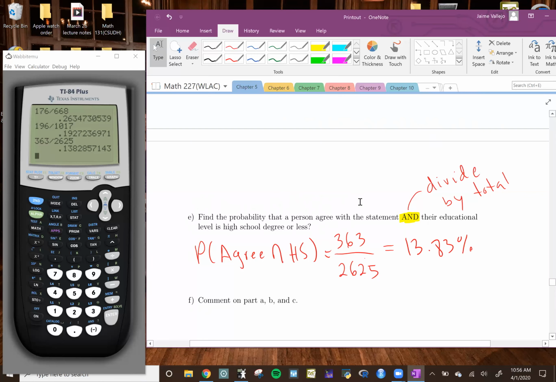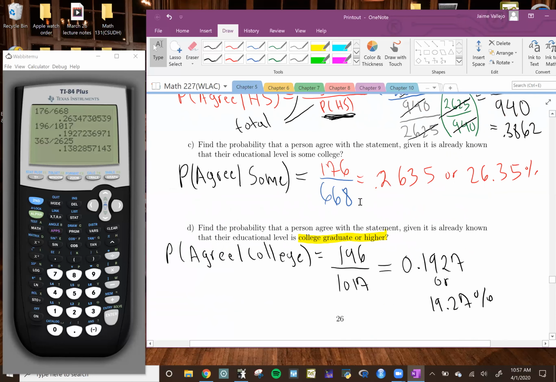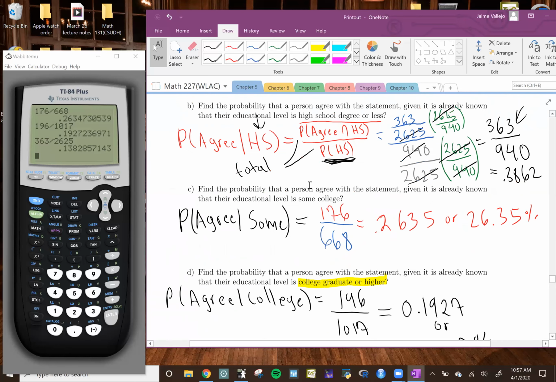All right, so lastly, we're going to do F. So for F, we want to comment on the probability for B, C, and D. So what does it look like is happening as the education level is increasing? Do most people agree that there's one true person for everybody? Or is it kind of going down?